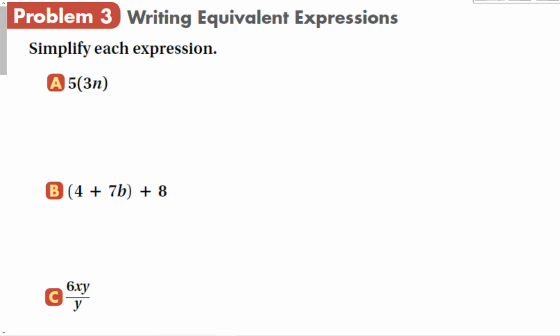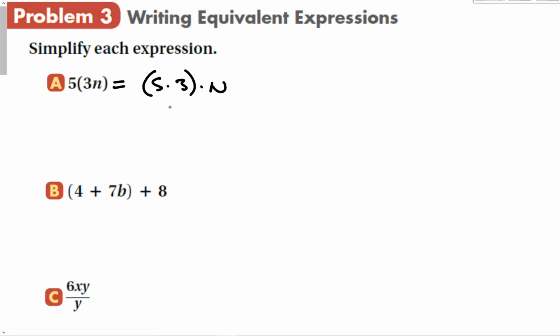So let's write some equivalent expressions. And when you look at these expressions, try to think about what properties we're actually using to do this. When you look at part A, you're probably thinking, well, I could just multiply the 5 and the 3 together. I could just multiply them all together. Yeah, but there's a reason that you can actually do that. We're never going to go through every single step, but the way this actually works is we can use the associative property and say 5 times 3 times the n.